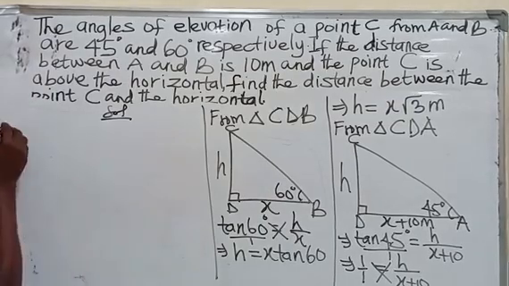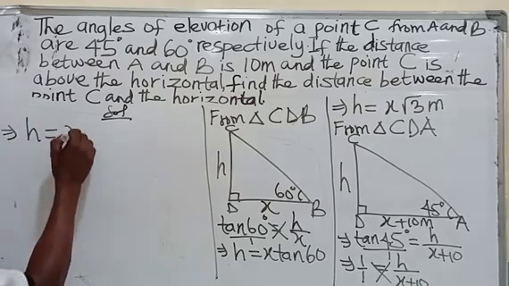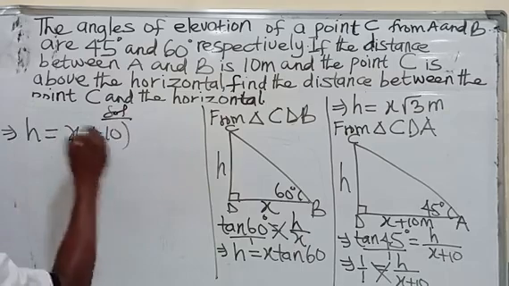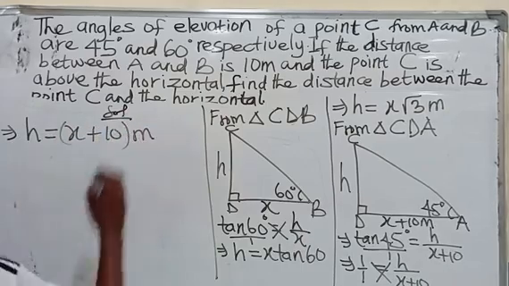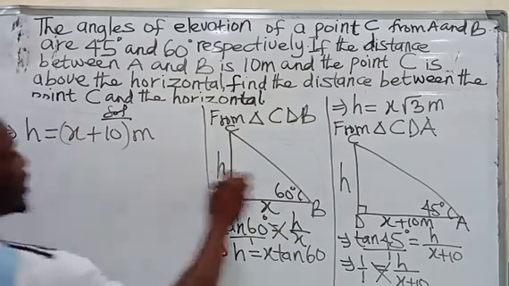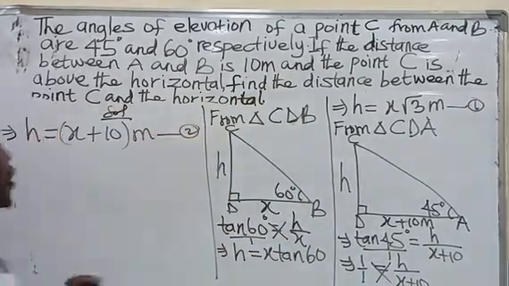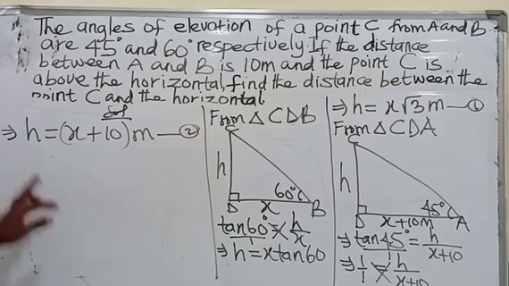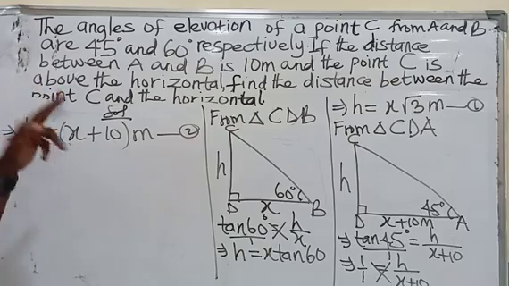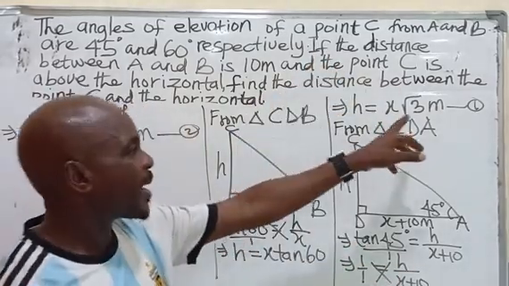So this implies that H is equal to what? X plus 10, everything here, meters. So let me say this is equation 1, and then this is what? Equation 2.